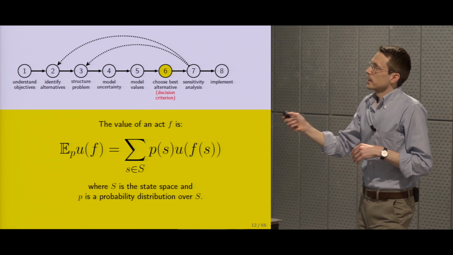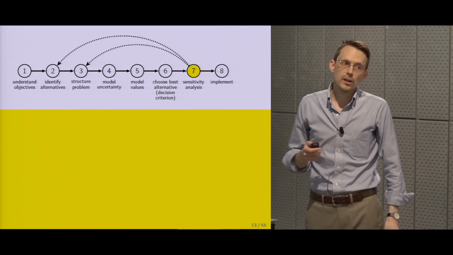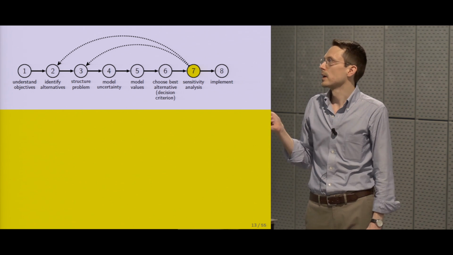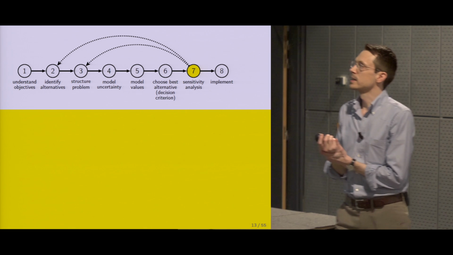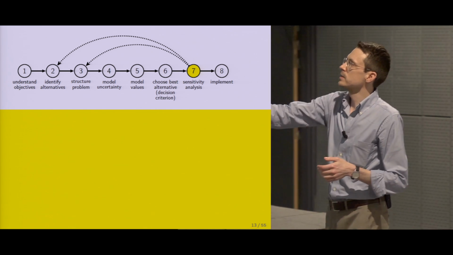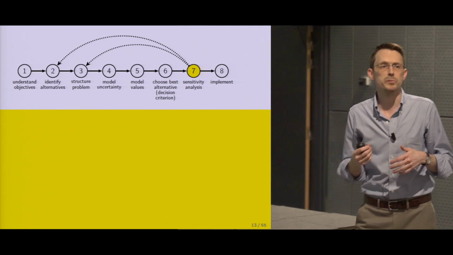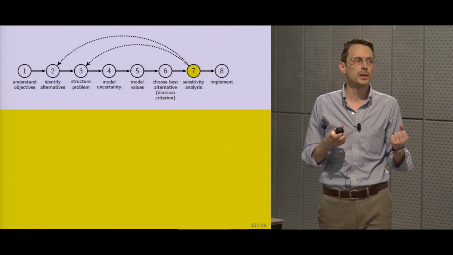The last thing I have, sensitivity analysis, is a really important aspect of decision analysis. And the general idea is that you've gone through these steps up to this point making certain assumptions, perhaps having used point estimates for things that you're not completely sure about.